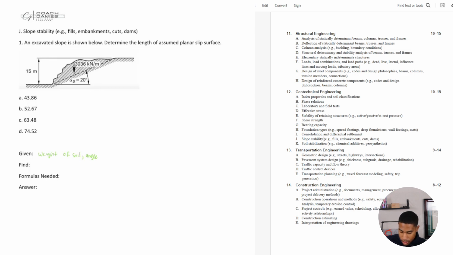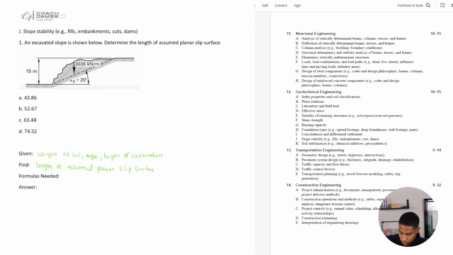And they give us the height of excavation. Okay, so we need to find the length of assumed planar slip surface.